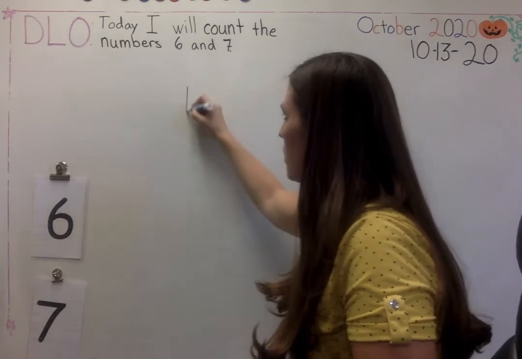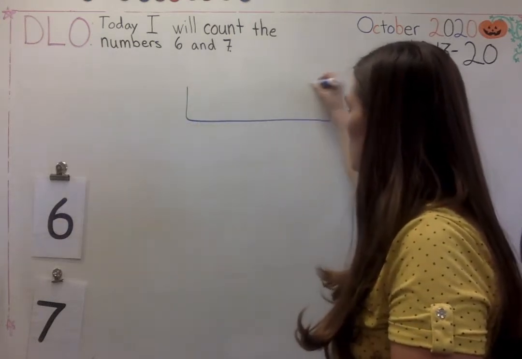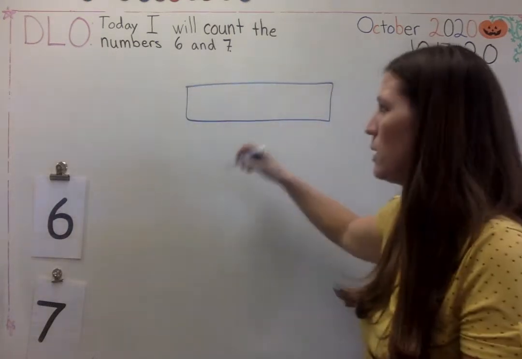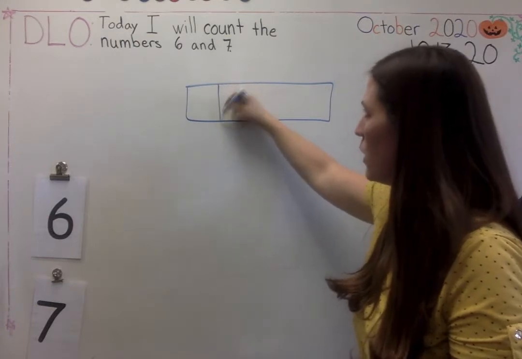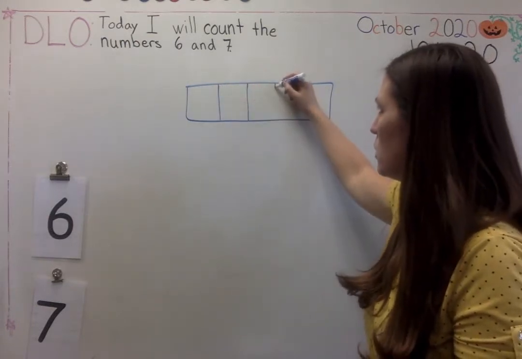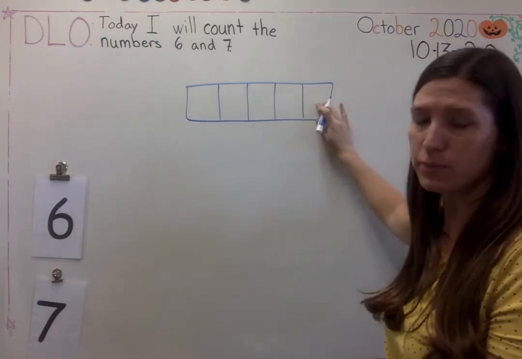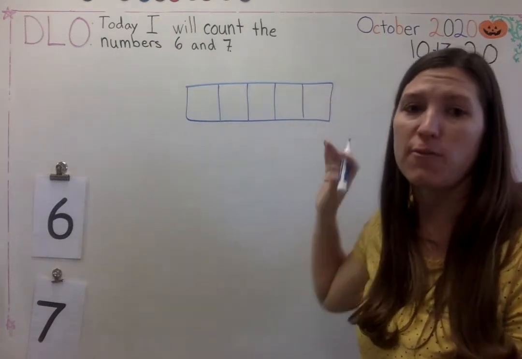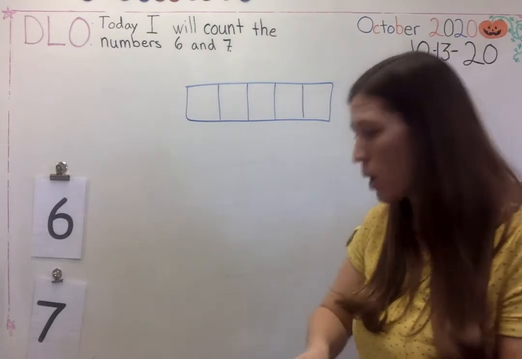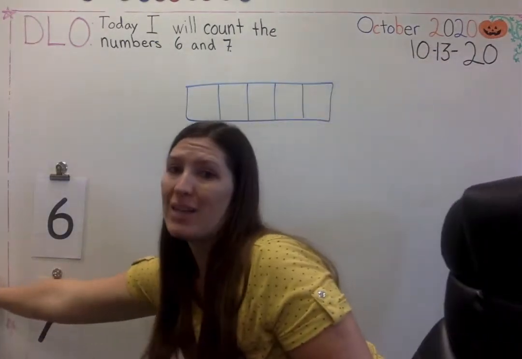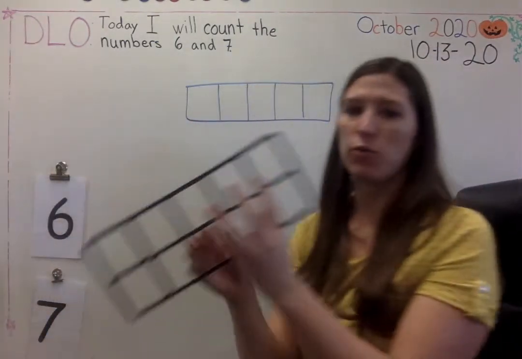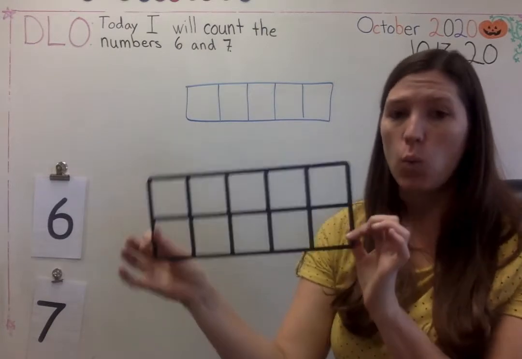When I make this bar, it has windows in it. It has 5 windows. 1, 2, 3, 4, 5. So I would call this a 5 frame. Tomorrow we will talk about a 10 frame, and a 10 frame has 10 windows.